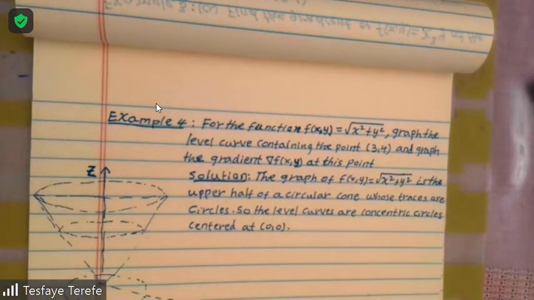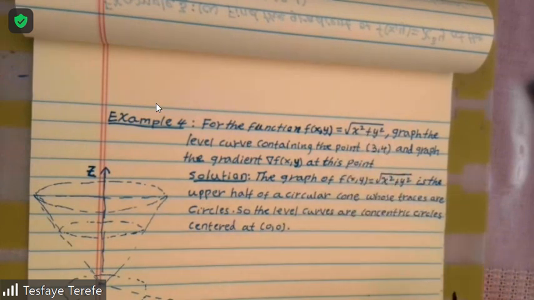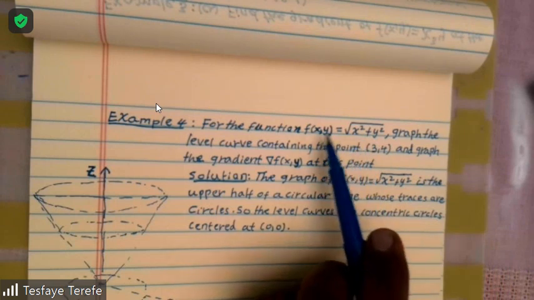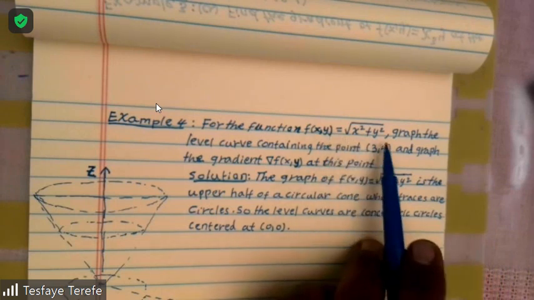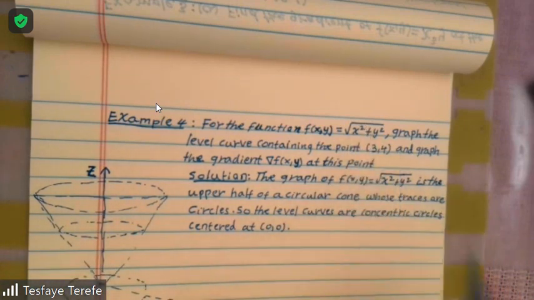Actually, I started scribbling, but it's fine. By the way, this surface is what? If it is simply z equal to x squared plus y squared, this is a cone with 2 nappes. But because this is a radical, therefore it is the upper half of a circular cone.